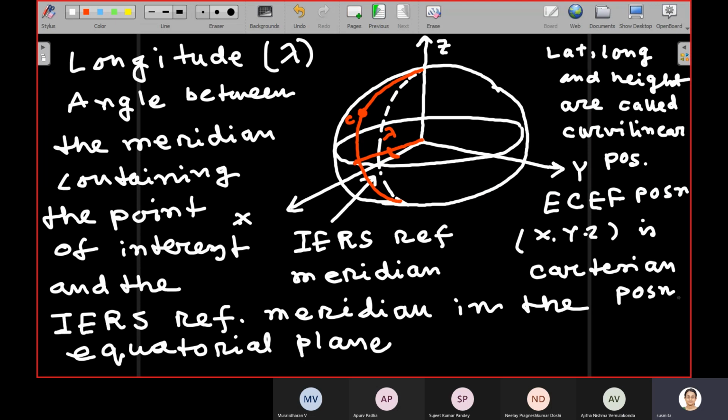So we are going to find the relations between the Cartesian position and curvilinear position after we define the radii of curvature, because we require the radii of curvature to find the relations.